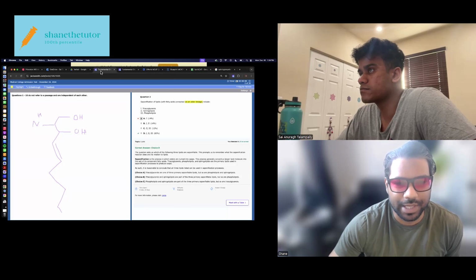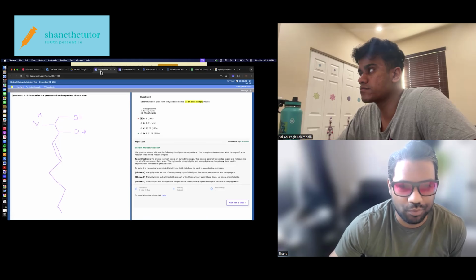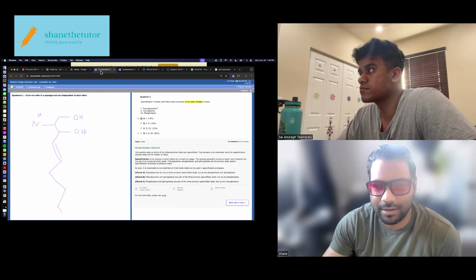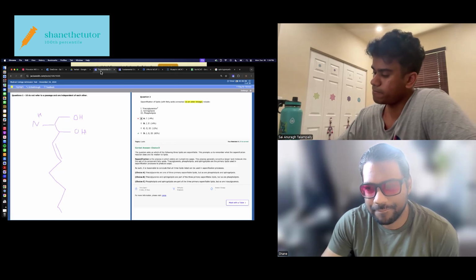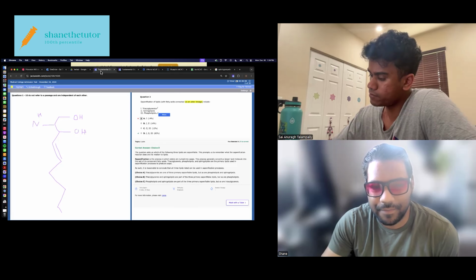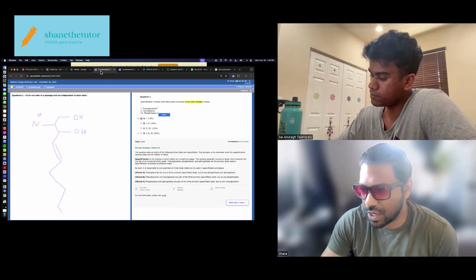I'm totally with you on that, but I think the logic that would have been useful here is, okay, triacylglycerols, we know for a fact would have fatty acids connected via an ester linkage, right? And phospholipids should have that as well, right?